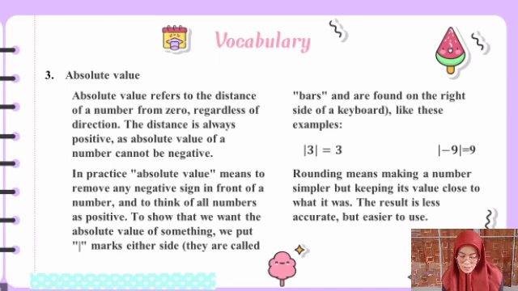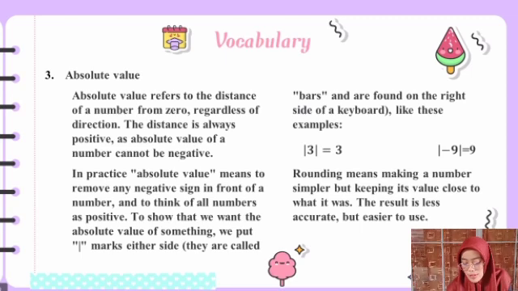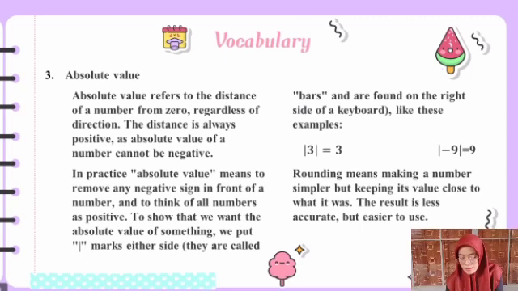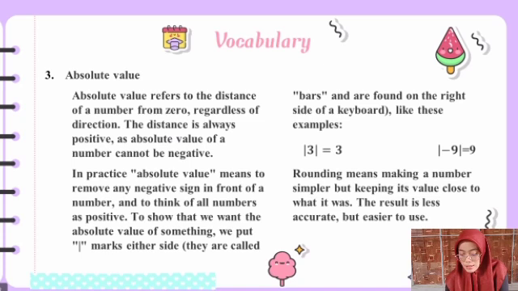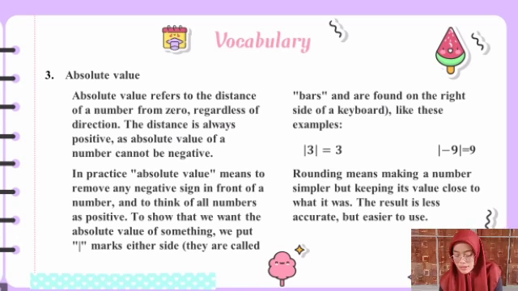Next, the vocabulary number 3 is absolute value. Absolute value refers to the distance of a number from zero, regardless of direction. The distance is always positive, as the absolute value of a number cannot be negative. In practice, absolute value means to remove any negative sign in front of a number and to think of all numbers as positive.